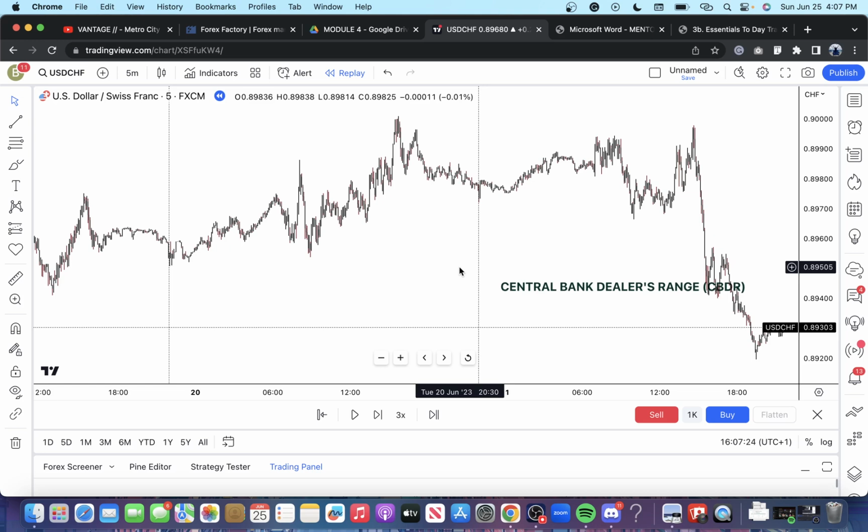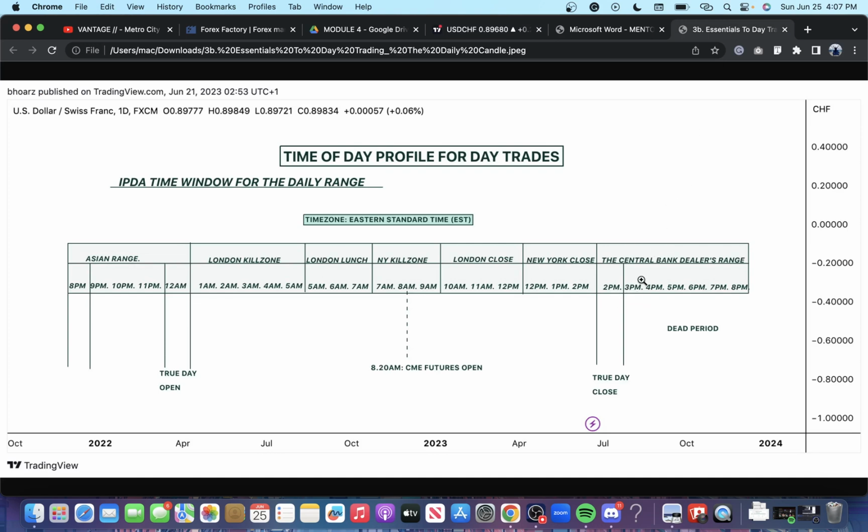It's outside the Tokyo or Asia session, outside the London or European session, and also outside the North American session, which is when the North American banks are closing up shop for the day, at 2 p.m. Eastern. Between 2 p.m. Eastern and 8 p.m. Eastern, there really is not a ton of activity at the interbank level, so the volatility in price is usually very small and fickle.